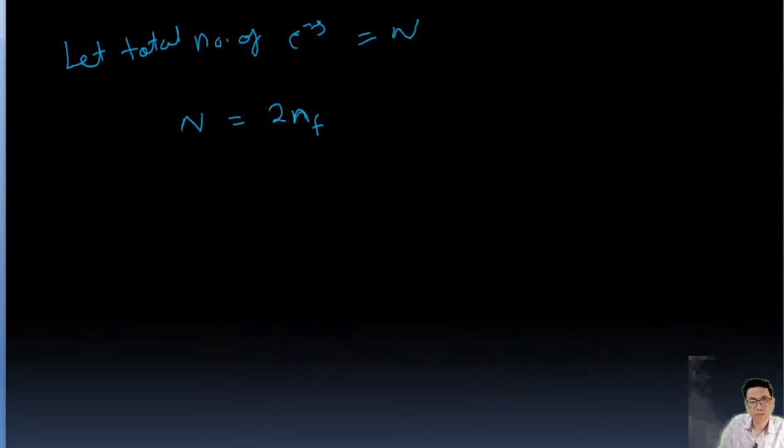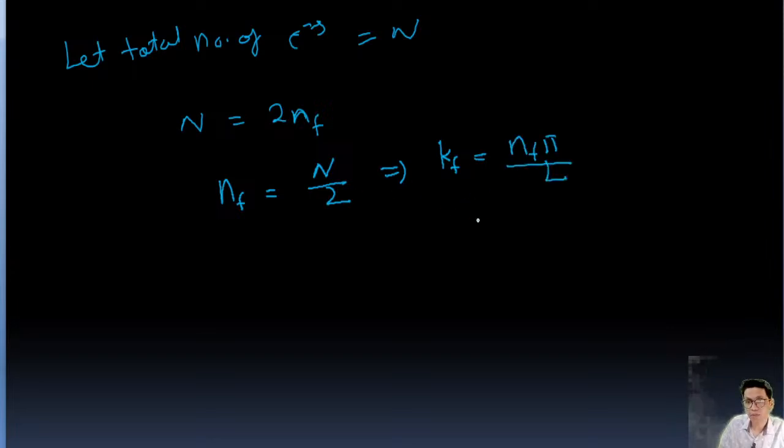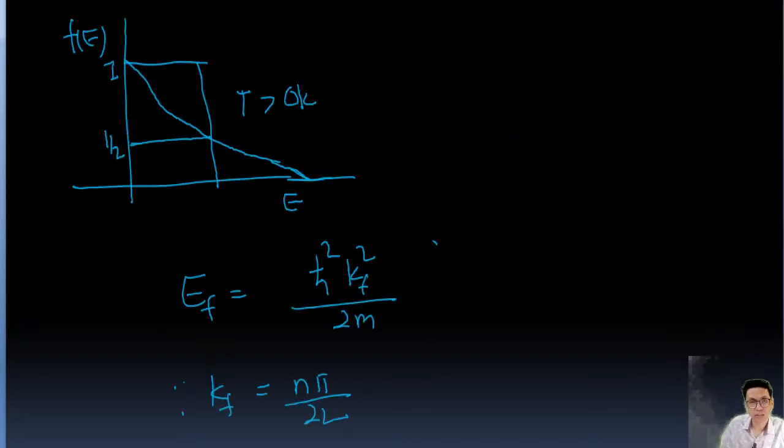From here the value of nf is going to be n by 2. That implies kf is going to be nf pi upon L, and nf is n by 2, so kf is n pi upon 2L. That's why the value is n pi upon 2L.